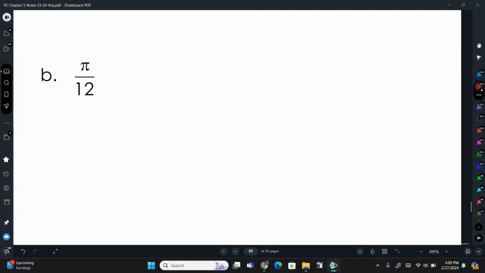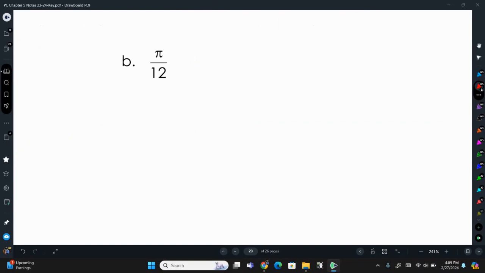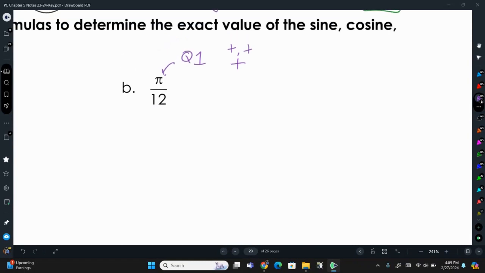All right, now using pi radians, we have pi over 12. So again, pi over 12, this is in quadrant 1, where everything is positive. So we won't have to worry about any of the negative signs or the plus or minuses for the half angle formulas. So pi over 12 is really pi over 6 divided by 2 or multiplied by 1/2.